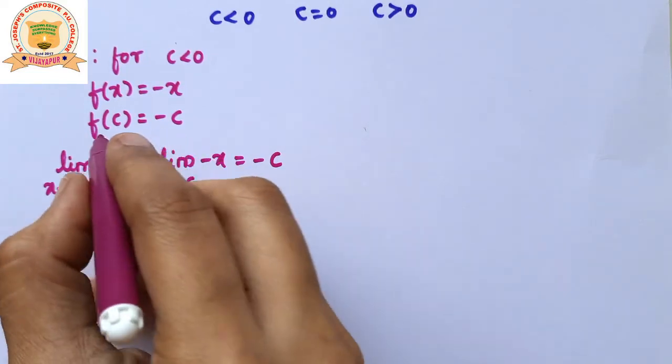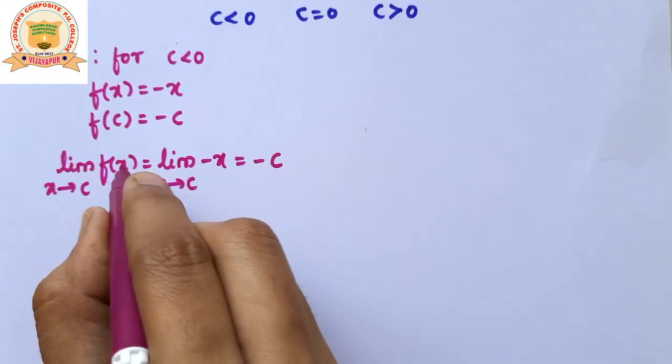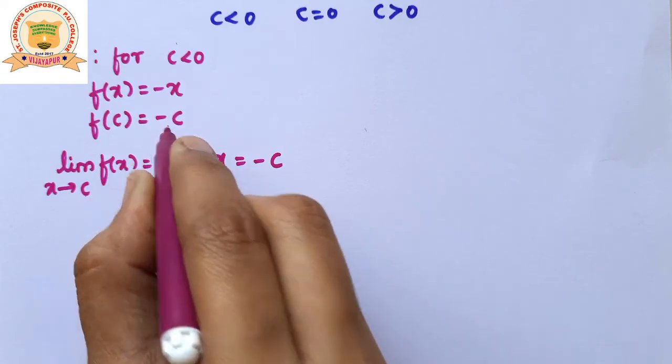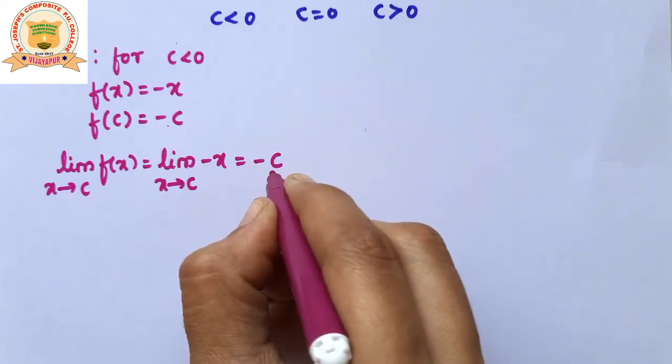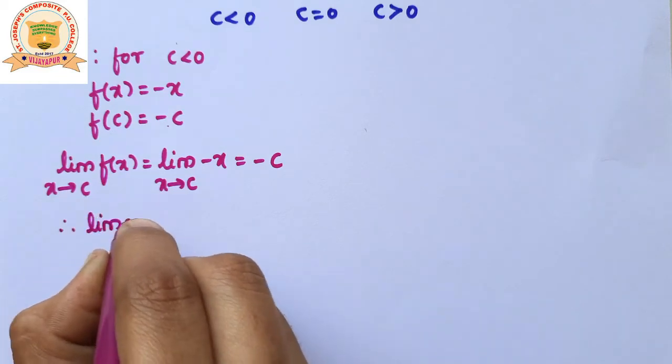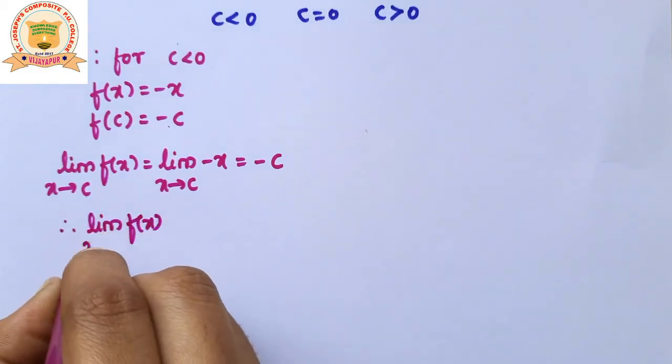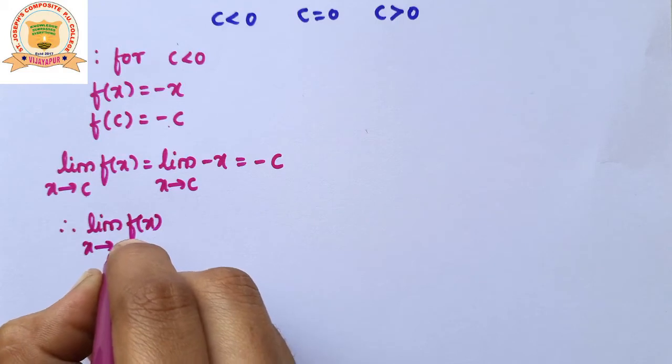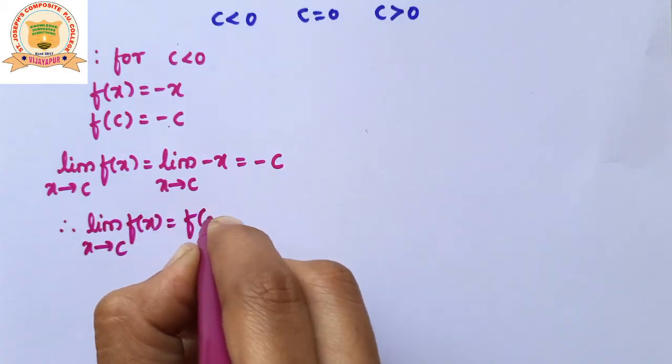If you see these values, f of c and the limit of f of x as x tends to c, both are the same. Both have the same value, that is minus c. Therefore, we conclude that limit of f of x as x tends to c is equal to f of c.